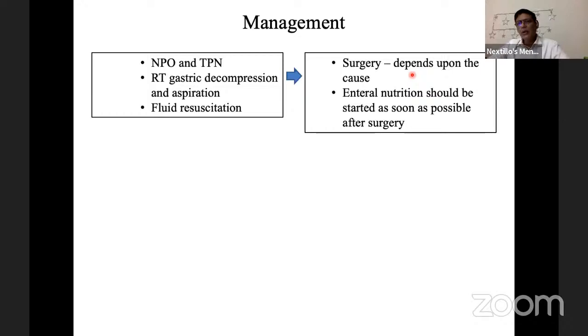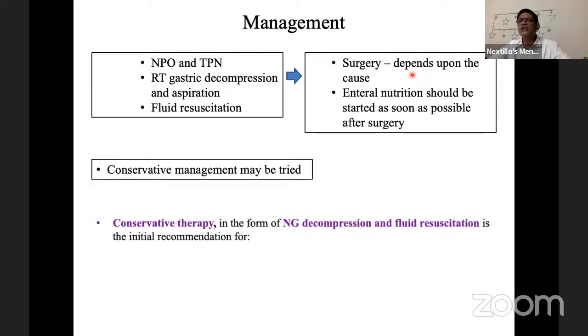And remember that once the surgery has been done, it should be our effort that as soon as possible, we should start enteral nutrition after the surgery. The earlier we start the enteral nutrition, the earlier the peristalsis is going to come back. In some cases of small bowel obstruction, we may try for conservative management in the form of nasogastric decompression and fluid resuscitation.